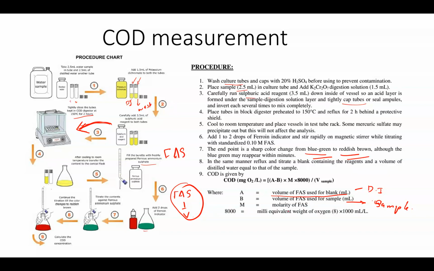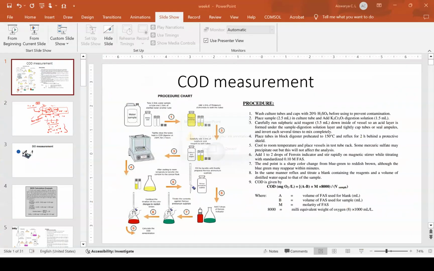Then you should know the molarity of FAS. Then you have to put it in this equation to calculate the COD. So A minus B: A is the volume of FAS at which you got the change in color for the distilled water, and B is the volume of FAS applied to change the color to reddish brown for the sample.